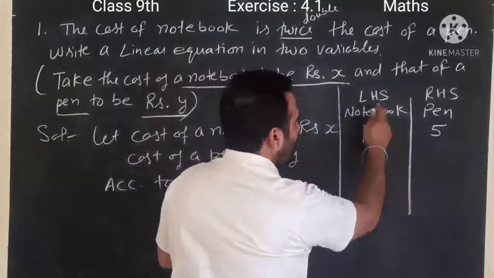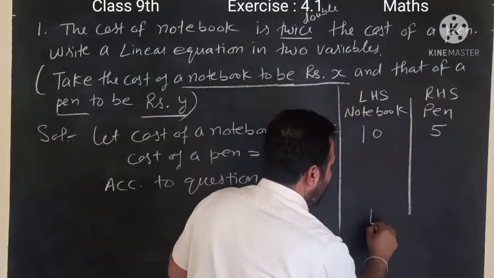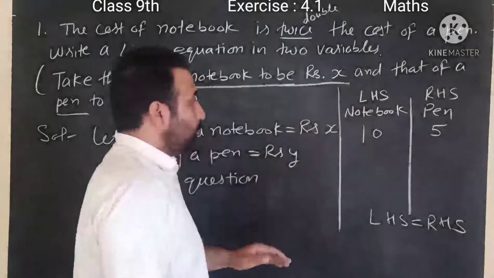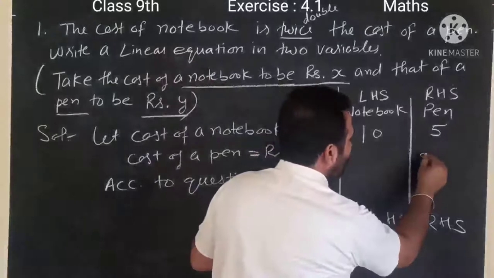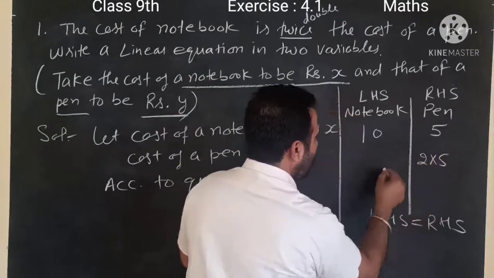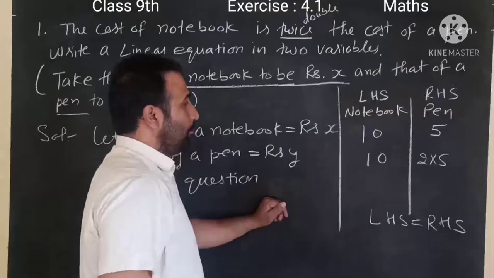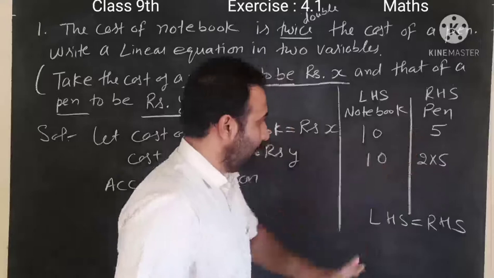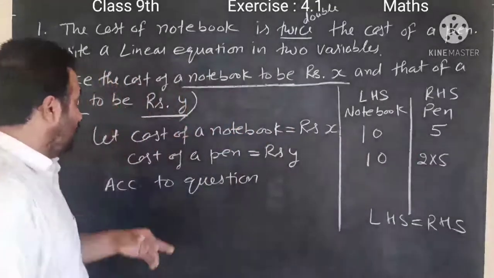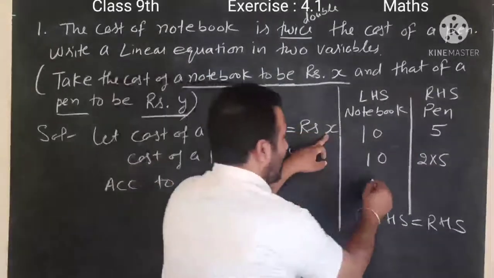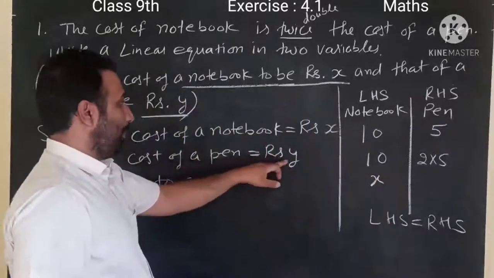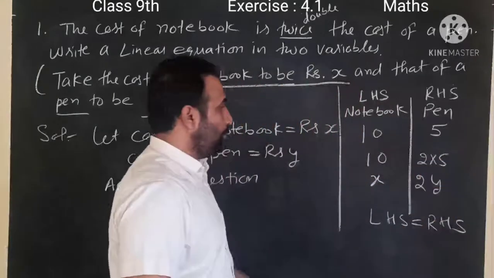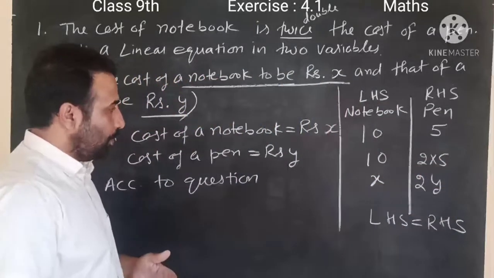Then how can we make left hand side equal to right hand side? We should multiply by 2 with the cost of pen to make them equal, because this one is double. So if the cost of notebook is x and cost of pen is y, we will multiply by 2 on that side to make our equation equal.